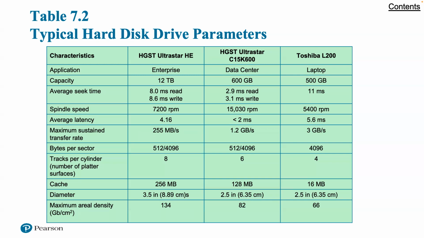Of course, the penalty of achieving these lower seek times is a much lower disk capacity, going from 12 terabytes down to 600 gigabytes. The Ultrastar C15K600 is likely to be used in applications that call for a high rate of access to the disk, so it is reasonable to invest in minimizing the seek time.